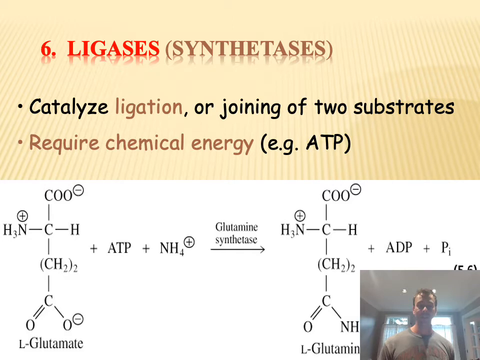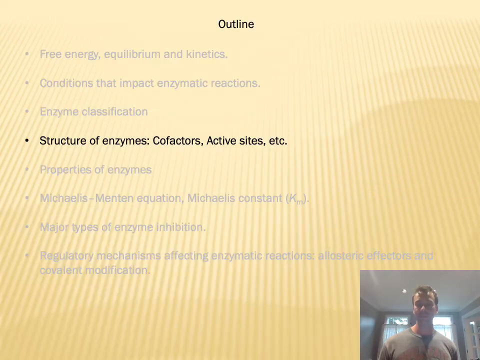It takes L-glutamate with ATP and turns it into L-glutamine using the energy hydrolysis of ATP to ADP in the process. And some of my later lectures will cover how this coupling reaction occurs. Those were the enzyme classification.